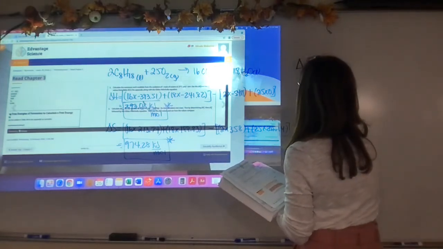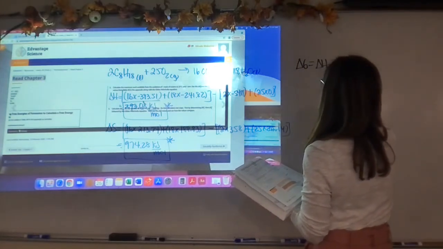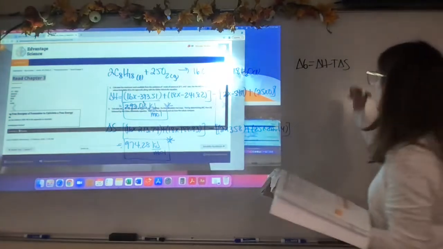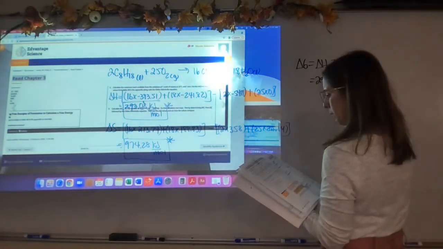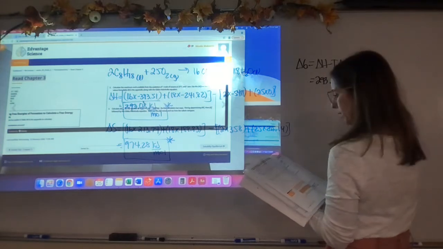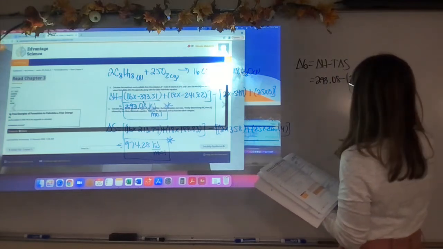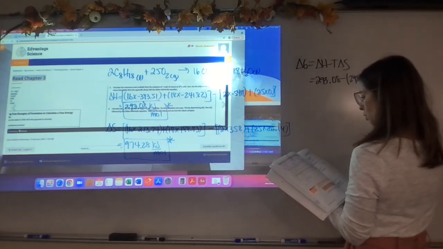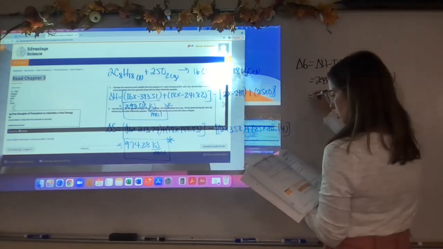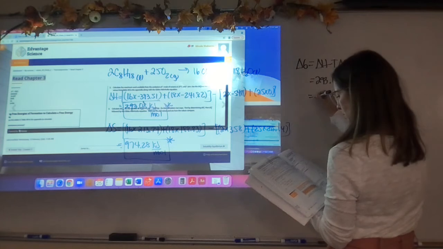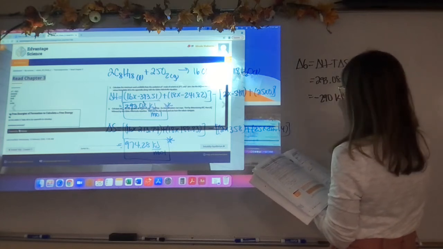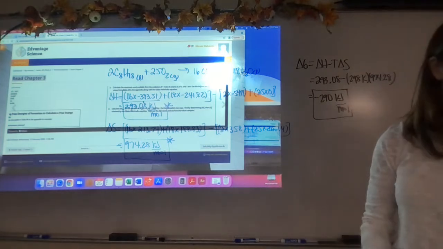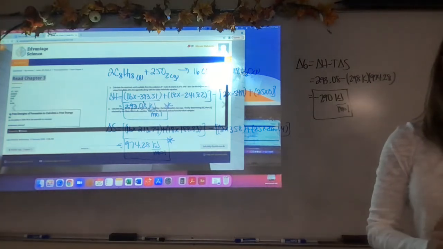So here my delta G is equal to delta H minus T times delta S. And my delta H was 293, and then my temperature is 298 Kelvin, and my delta S is 974.28. So here you're going to end up with negative 290 kilojoules per mole. Spontaneous process because my delta G is negative.